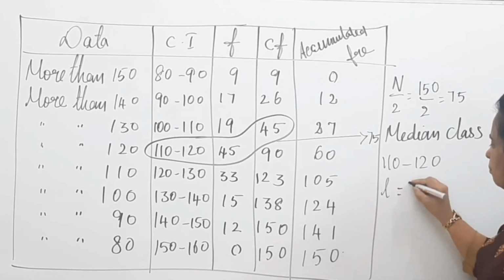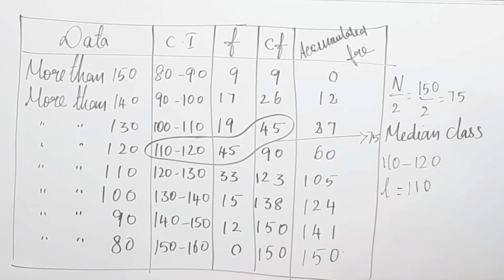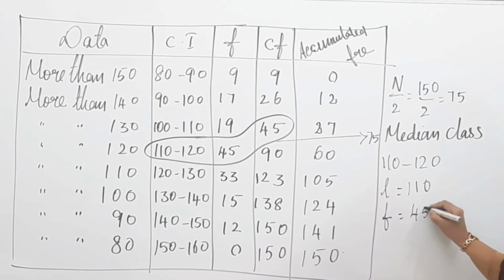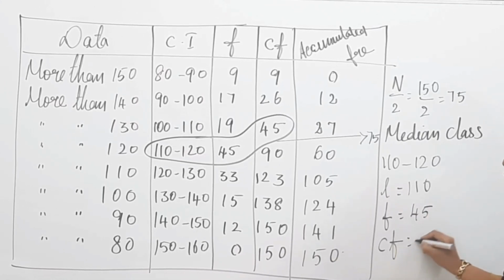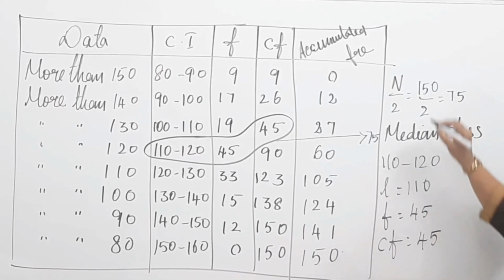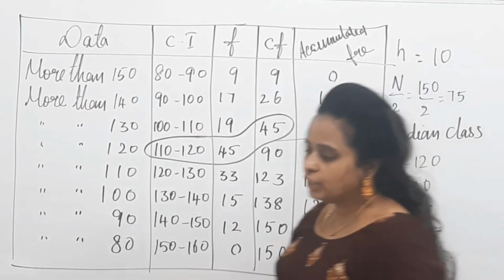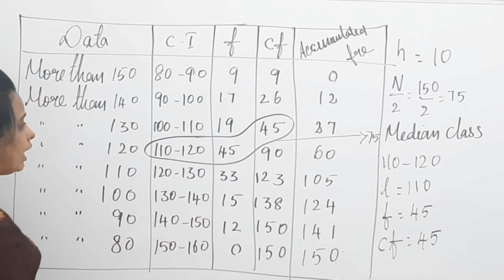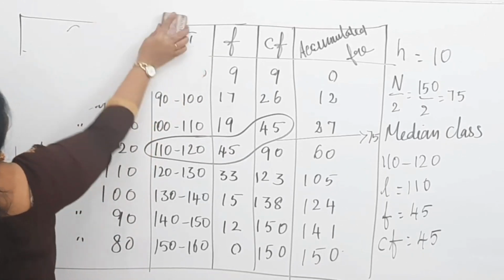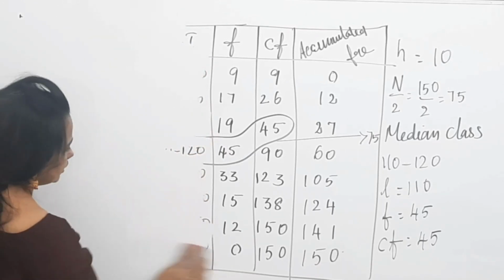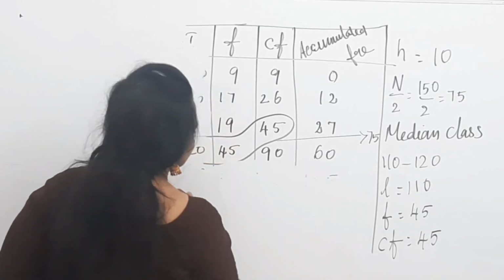That means my L becomes 110 and my frequency becomes 45 and my cumulative frequency also becomes 45, and you know H is equal to 10. Now we are going to substitute these values in our formula. So we can get our median just by substituting these values.